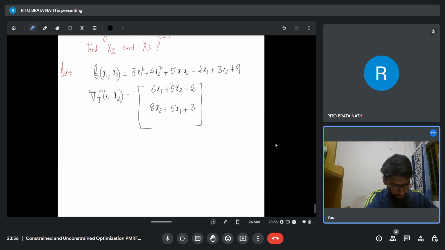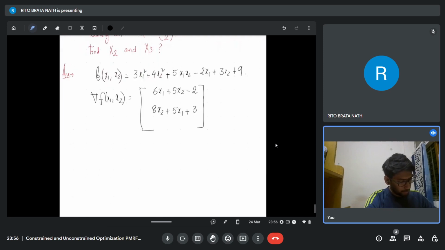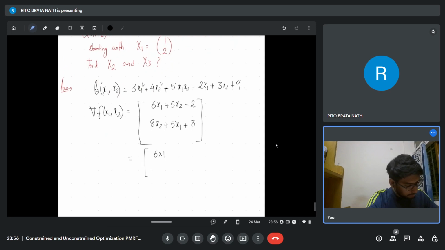Now, what you can do is put the values 1 and 2 here to get the exact value at that point.